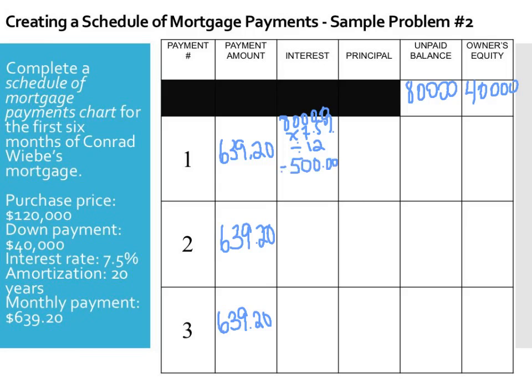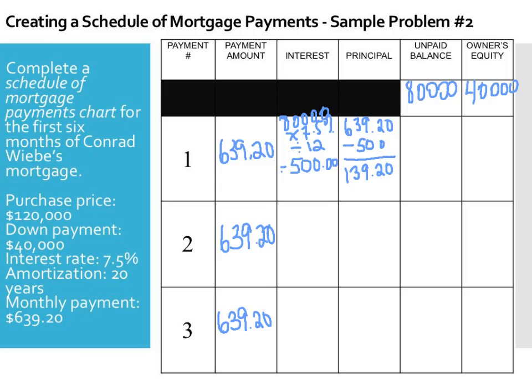Your interest amount is always going to be less than your monthly payment. To calculate how much of the house I owned that month, if you want to think of it that way, it's going to be the monthly payment, $639.20, minus our interest of $500, and that works out to $139.20. We're then going to use that principal to calculate our new unpaid balance and our new owner's equity.